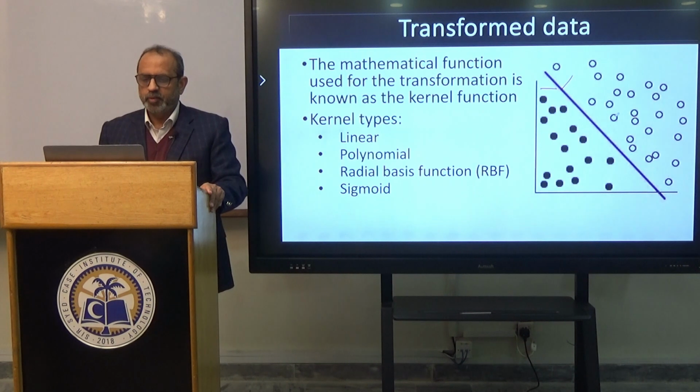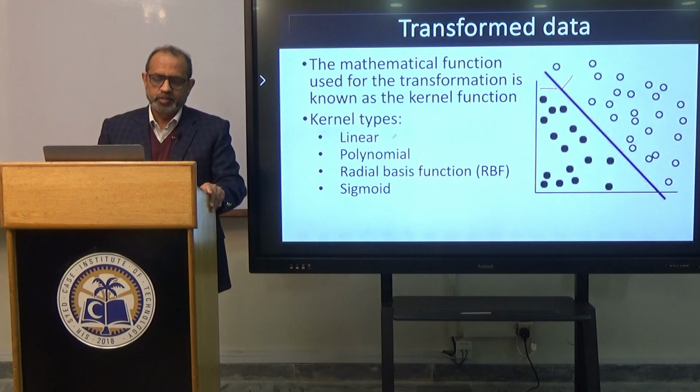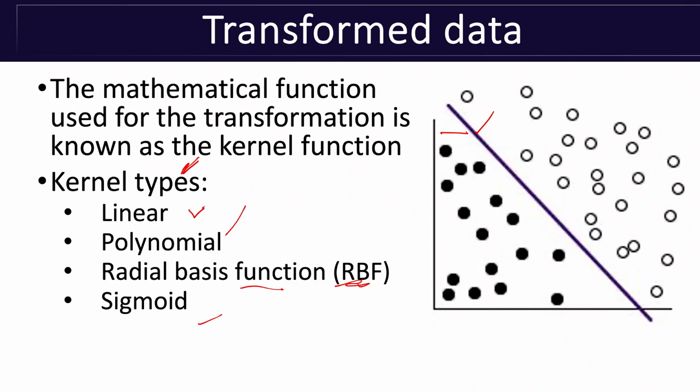So for data which is not linear, you use these kernels: the polynomial kernel, radial basis function, which is a kernel of choice, and sigmoidal. So you can even deal with data which is not linear in SVM.